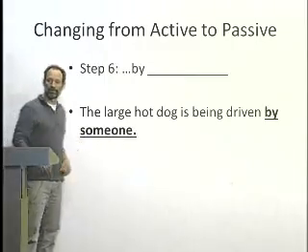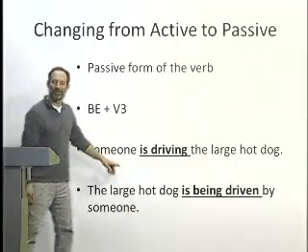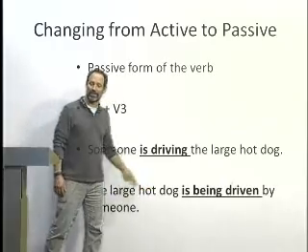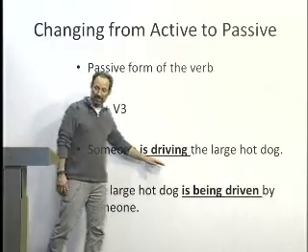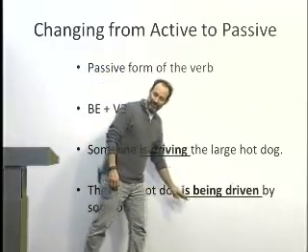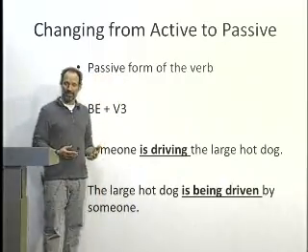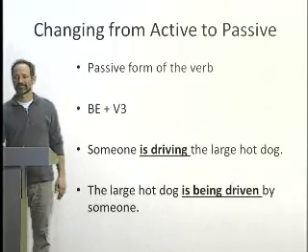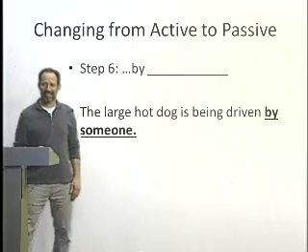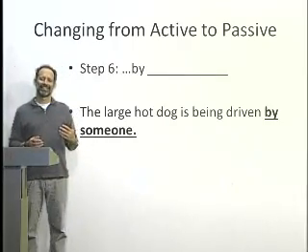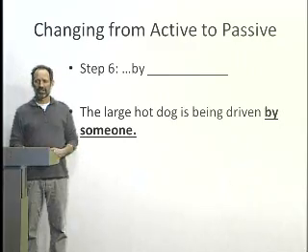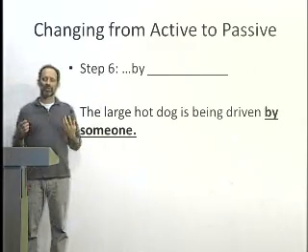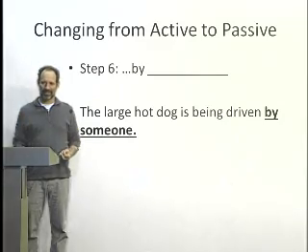So we go from is driving to is being driven. This is the active form of the verb. This is the passive form of the verb. Same verb tense, but one is active, one is passive. Now, step 6 is optional. So step 6 is what to do with the subject.